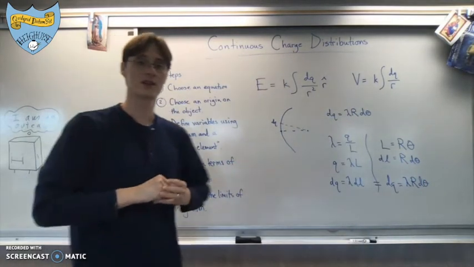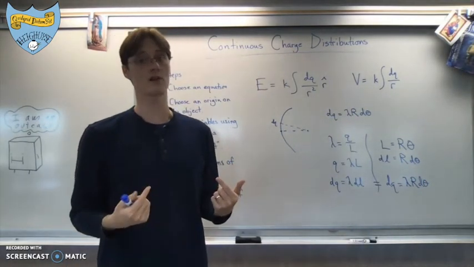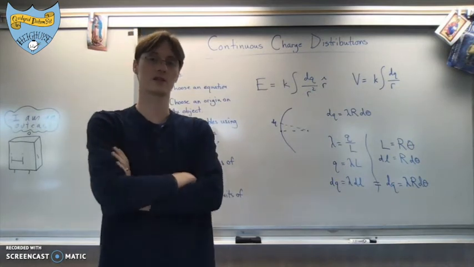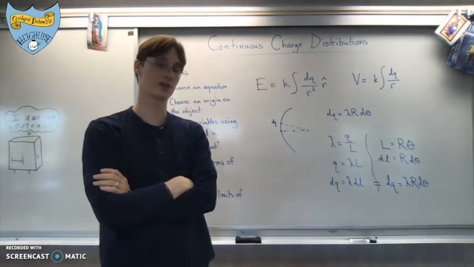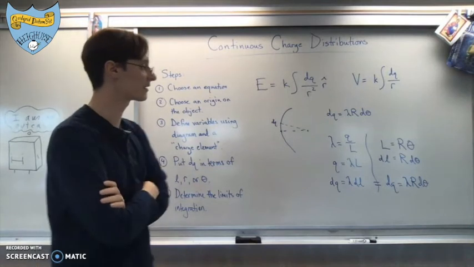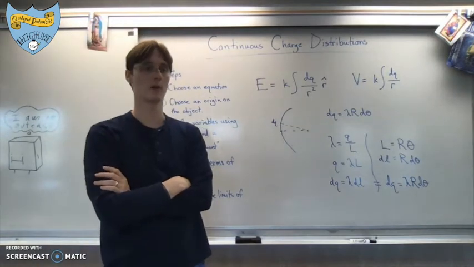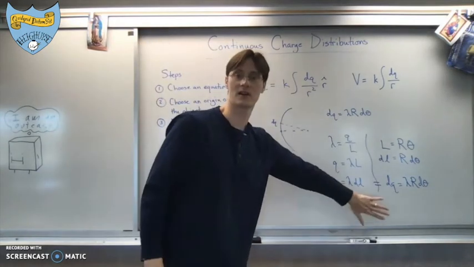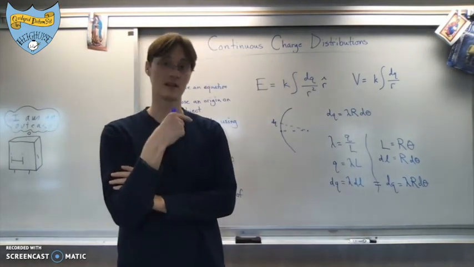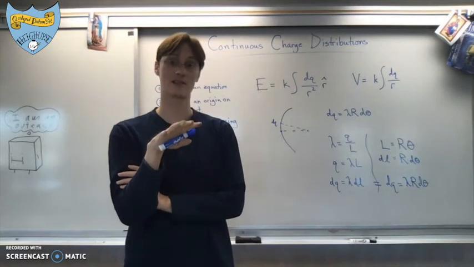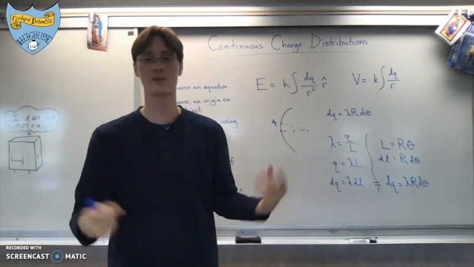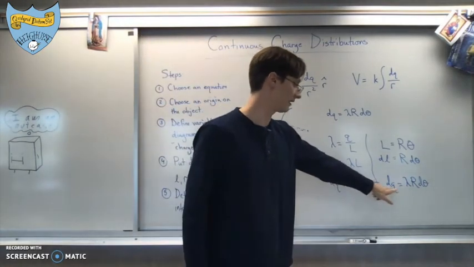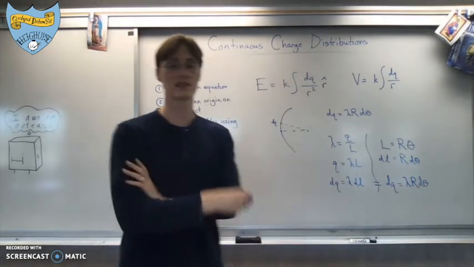Okay, and so in all of the problems that we are going to do this semester with continuous charge distributions, we'll replace dq with lambda r d theta. So you don't necessarily need to go through this process every single time. You just need to know, for our class, for the purposes of the AP, every time this is what I'll put in for dq.